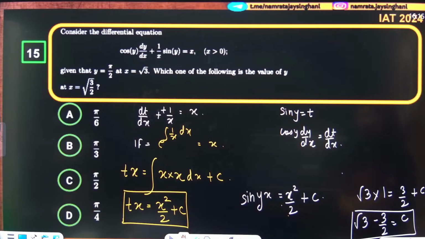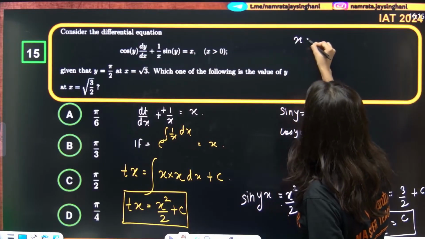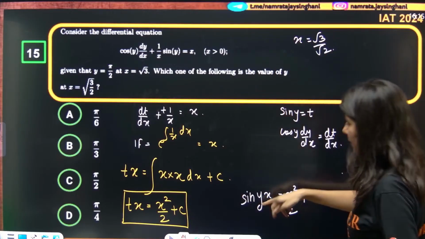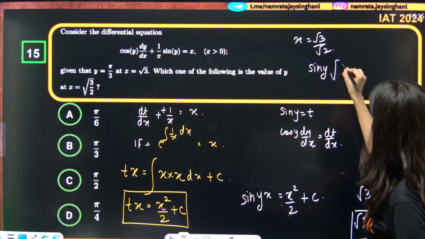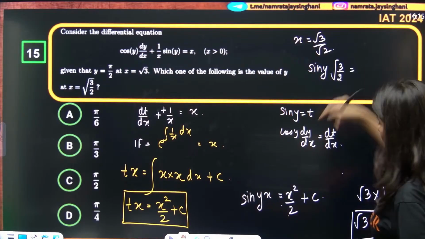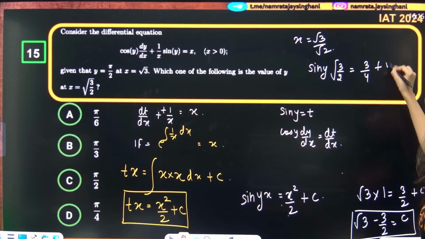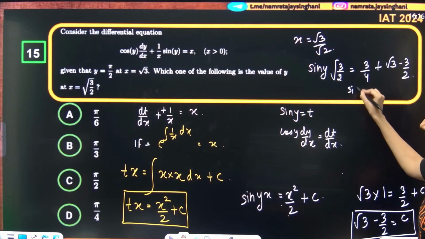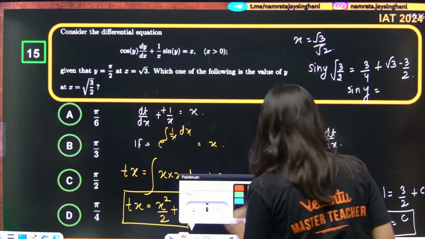Which of the following is value of y at x is equals to root 3 by 2? So x is equals to root 3 by 2, if you put sin y, this is root 3 by 2 is equals to 3 by 4 plus, what about this? Root 3 minus 3 by 2. So now sin y is actually coming out as 1. Now one thing, see, root 3 is getting cancelled out.